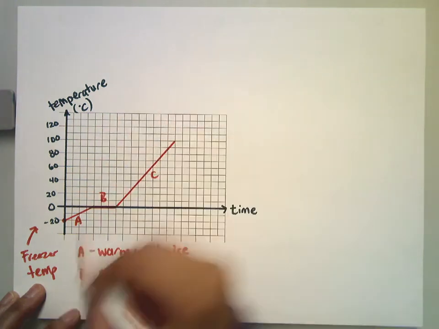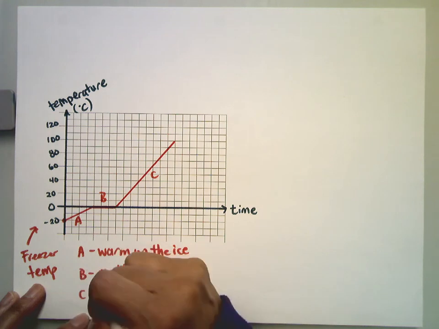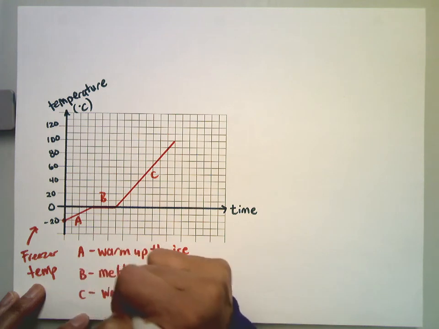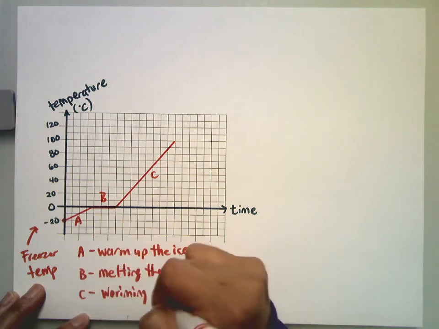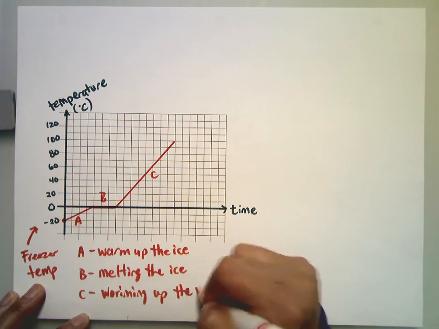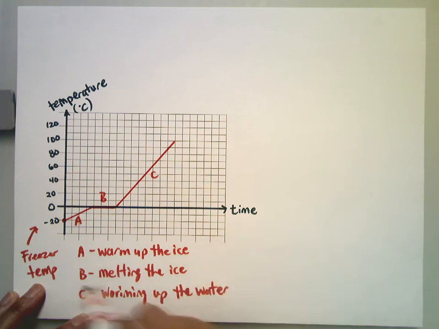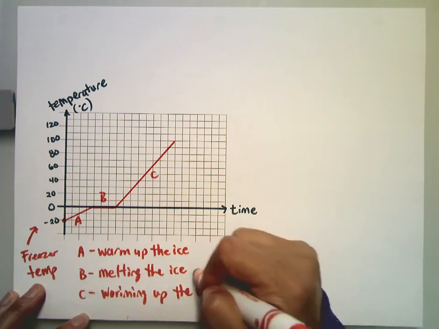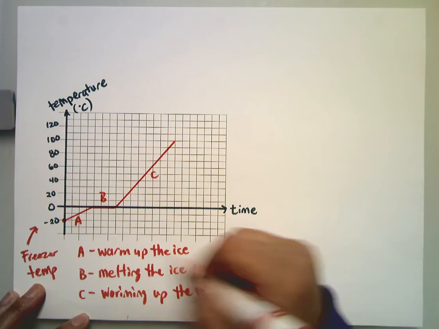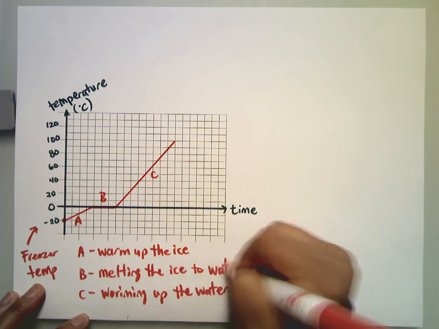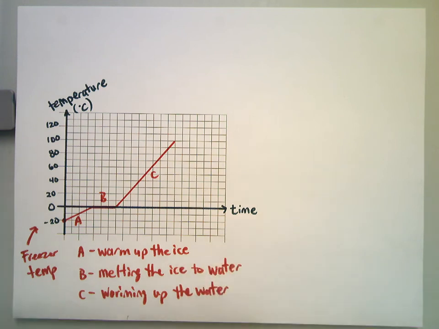Section C is you are warming up the water. I'm going to add this, melting the ice to water, so you know there's a phase change. And then we're warming up the water, and when it hits 100, it boils.